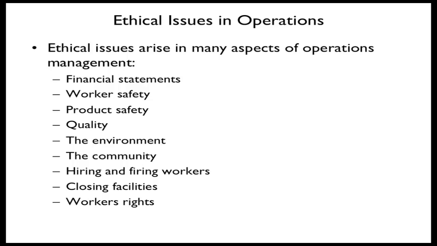Product safety. What if you sell a product and someone gets hurt? You hear a lot about airbags where there are defective airbags that hurt people. Quality. Is it ethical to sell things that are low quality when you know that it's low quality and you pretend that it's high quality?